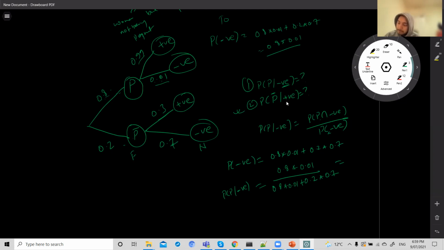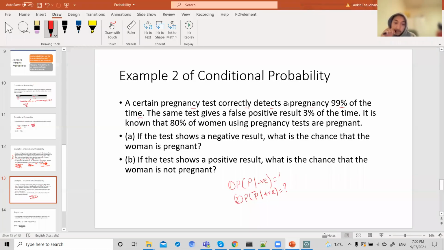See here, it will be 0.2 times 0.3 divided by 0.2 times 0.3 plus 0.8 times 0.99. Yeah, that's correct. That would be the answer.